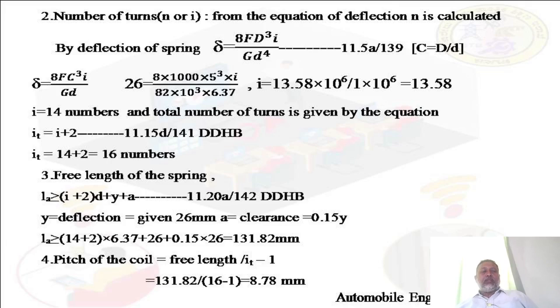Finally the number of turns comes to be 14 after substituting all the values, and the total number of turns is equal to 14 plus 2, that is 16 turns.